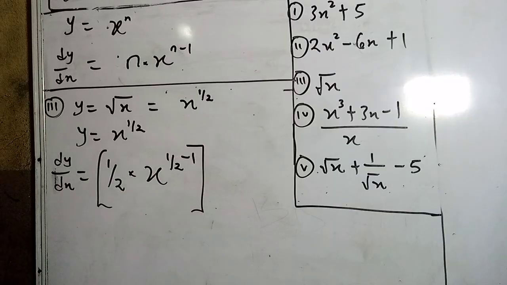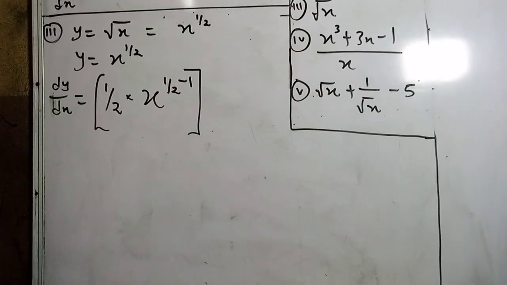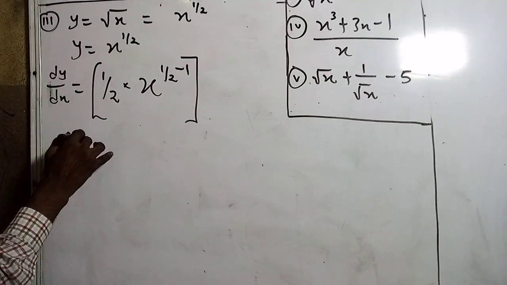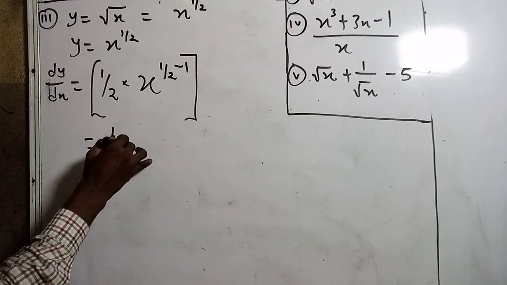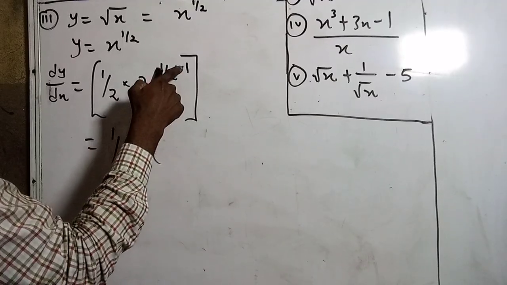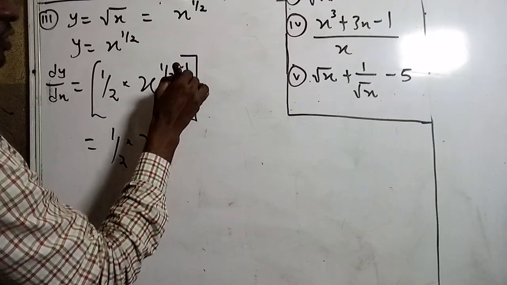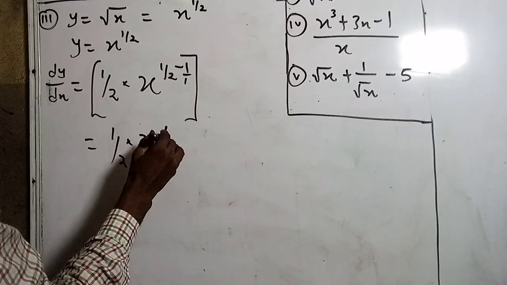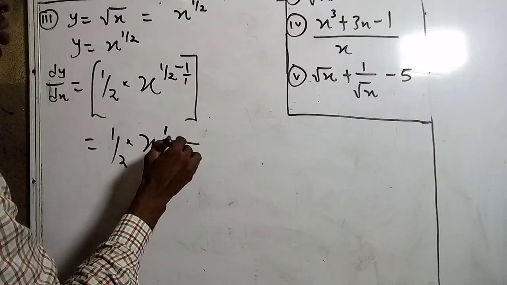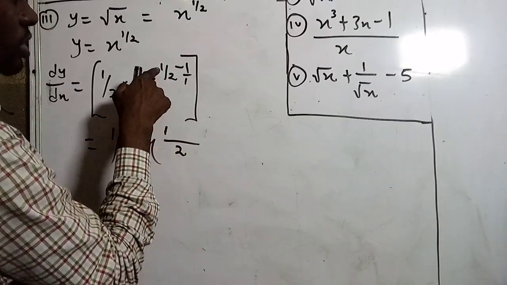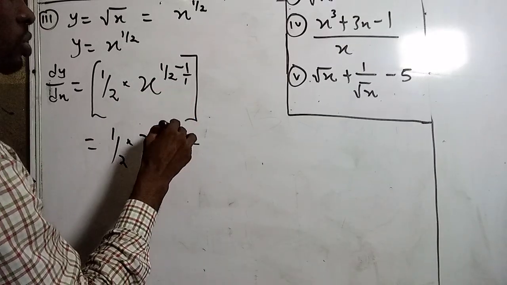So what will the expression be now? That will be 1 over 2 times x to the power of what I have up here, which is 1. Let's make this 1 over 1. So the lowest common denominator of 2 and 1 is 2; 2 into 2 is 1, 1 times 1 is 1, then 1 into 2 is 2.